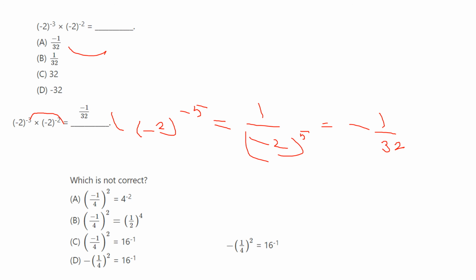That means minus 1 squared is what? Minus 1 squared is 1. 4 squared is 16. This is correct only. But here you see the minus is outside the bracket. Therefore minus of 1 by 4 whole squared is minus 1 by 16, that is minus of 16 to the power minus 1. Therefore this is not correct.